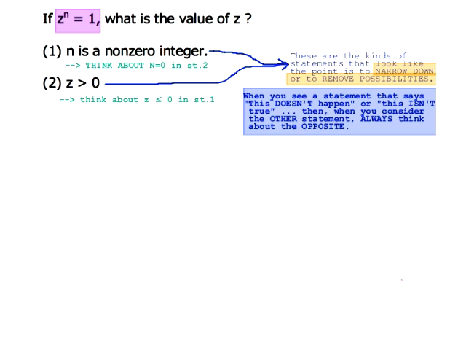Well, let's not be that abstract about it. Let's do it for the statements. Okay, statement 1. All right, so we know that n has to be non-zero. And we know that z to the n is 1.